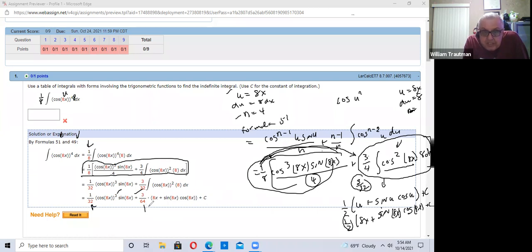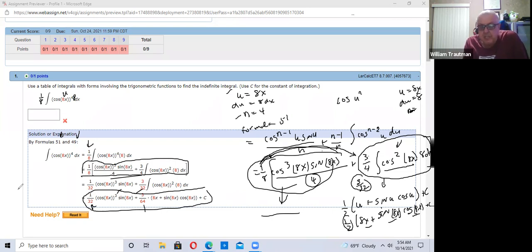So that's how we got this 3/64. And then we had the 8x, the sine 8x, cosine 8x, and then the plus c. So, I mean, it's messy work. If I had more room, I would have rewritten all this down here, but we're using this as the answer and showing you that we did get everything that they asked for using formula 51 and 49.